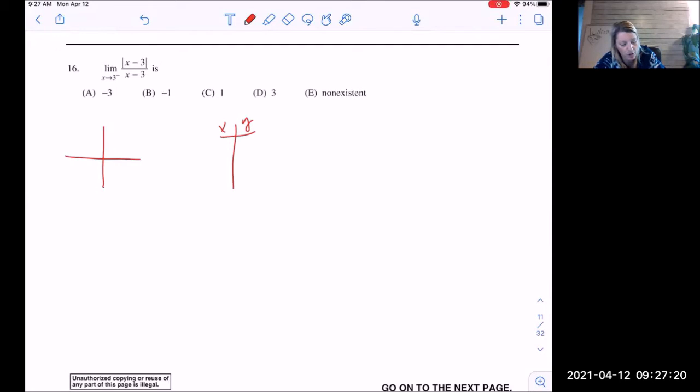And so we're going to have to approach 3, so let's pick values around 3. So let's pick 0, 1, 2, 3, 4, 5, and see what's happening. So when x is 0, you have 3 over negative 3, so negative 1.